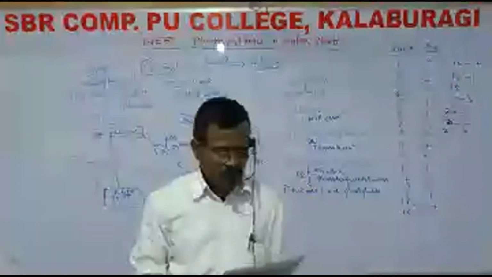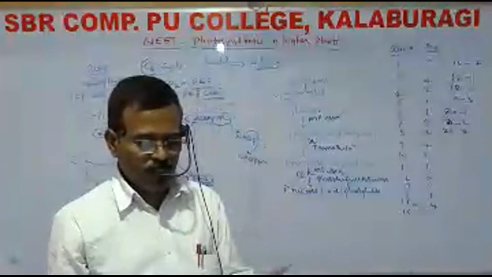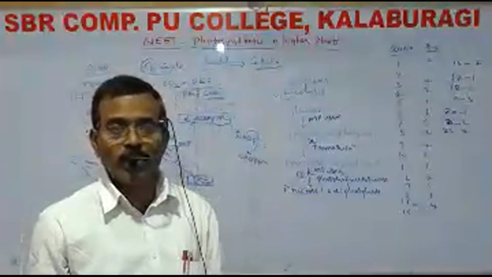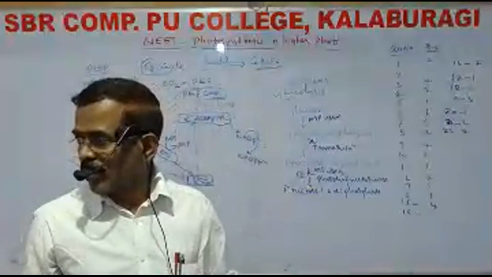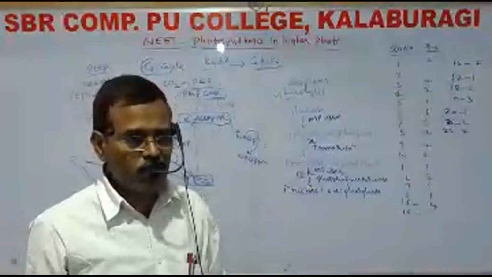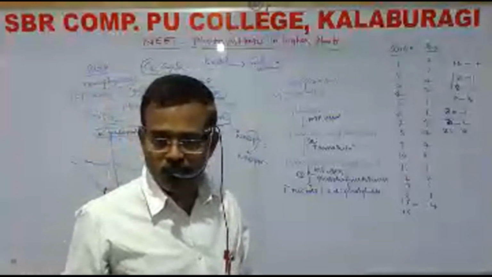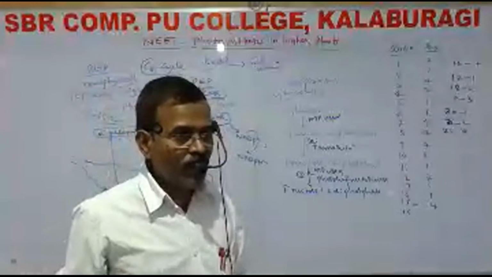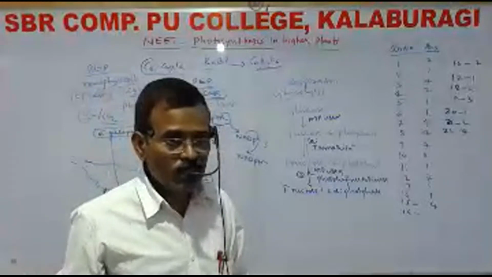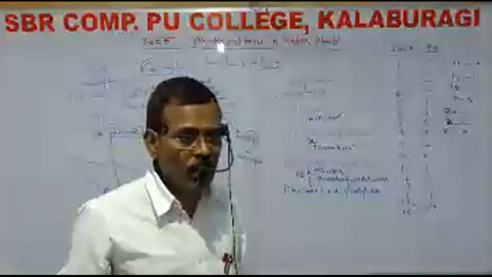Next, 23. Within the chloroplast, the chlorophyll pigments are organized in the form of pigment systems. We have 2 pigment systems or photosystems, photosystem 1 and photosystem 2. These photosystems contain a reaction center. They contain electron carriers. Okay, they contain a light harvesting complex.